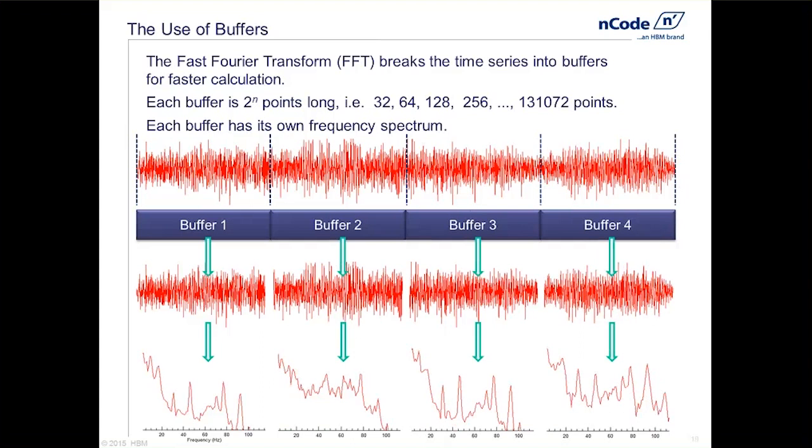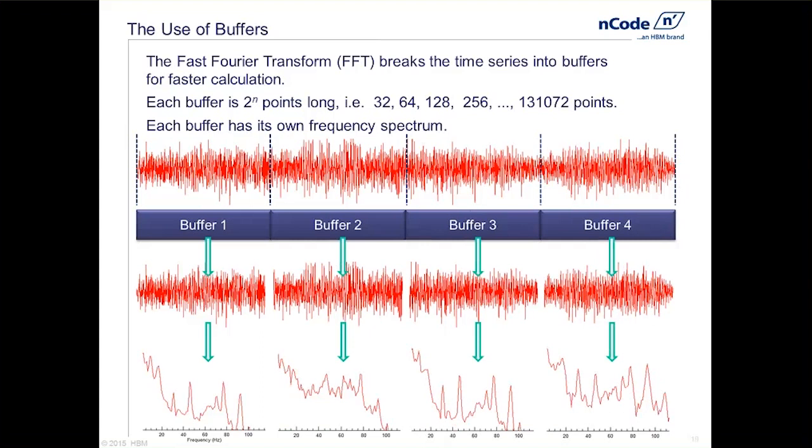From one moment to the next, the frequency content is changing. You can think of this as sheet music or a song, where at different times in that music, you have different frequency content. You've got different instruments that are playing.